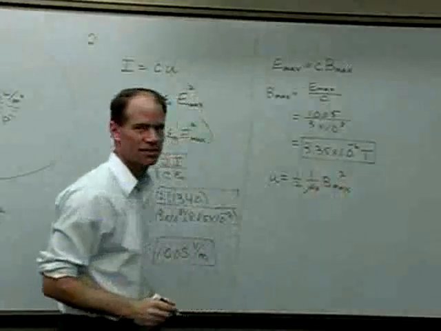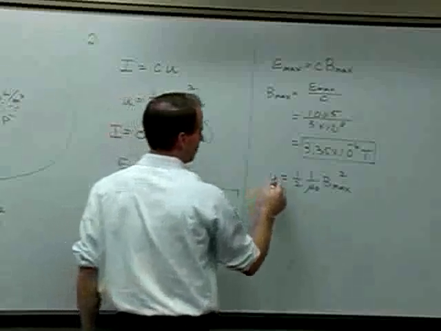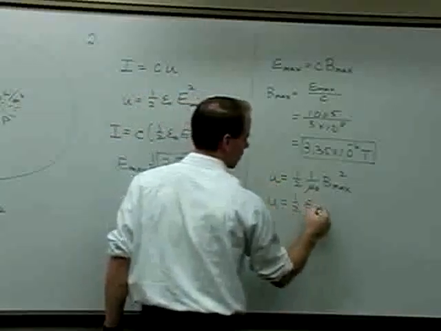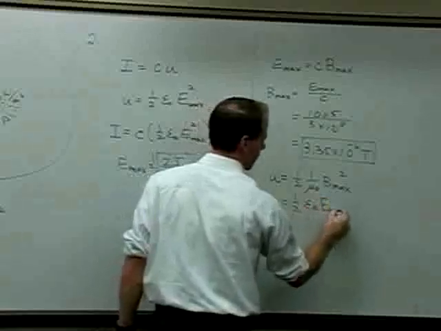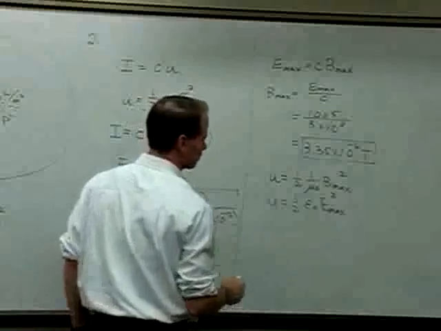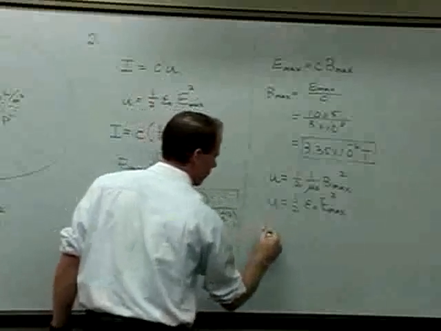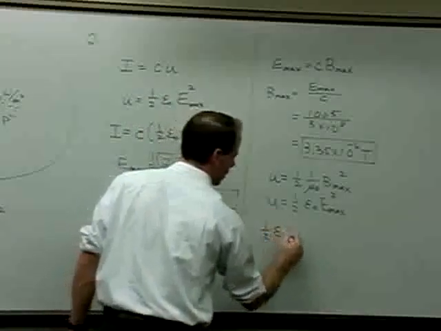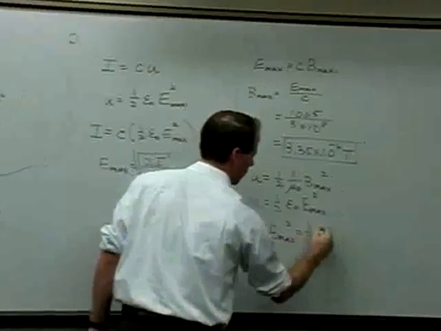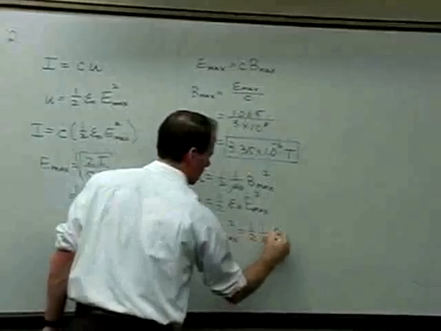So just as an interesting sidelight, if we set these two equal to each other, then I would have 1/2 epsilon naught E max squared equals 1/2 1 over mu naught B max squared.